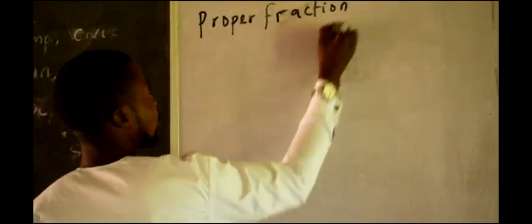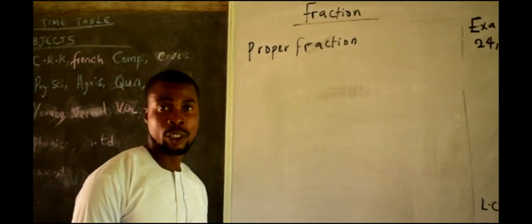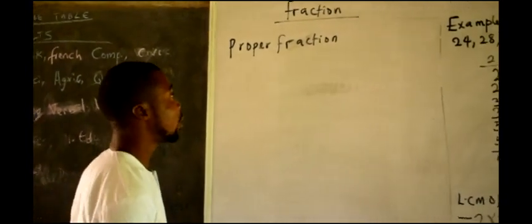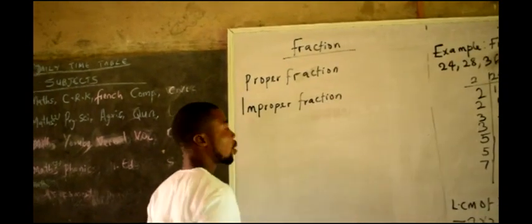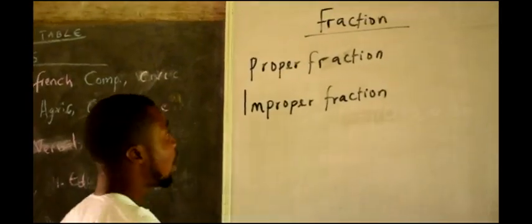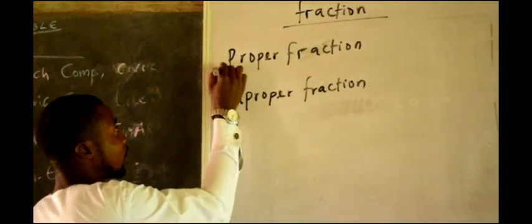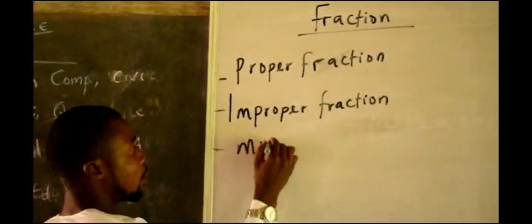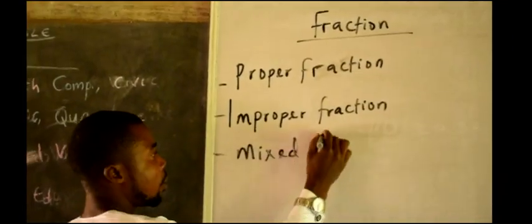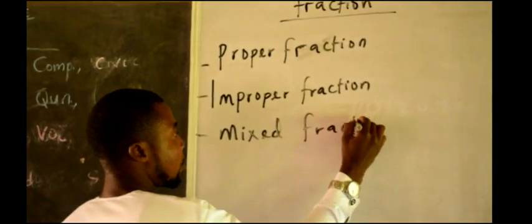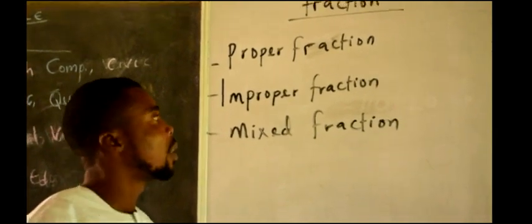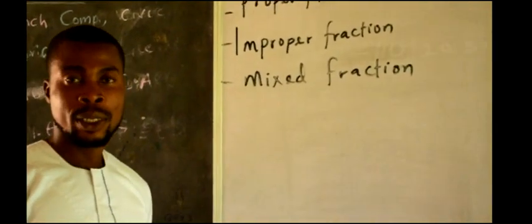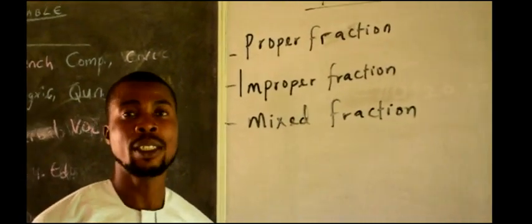First, we have proper fraction, second, we have improper fraction, and thirdly, we have mixed fraction. How are we going to recognize these fractions if you see them?